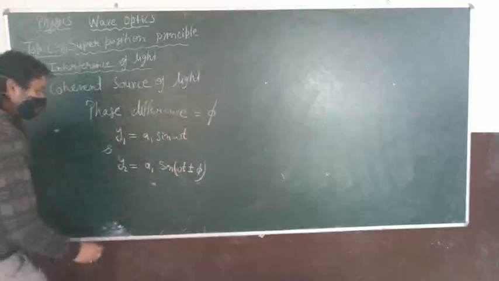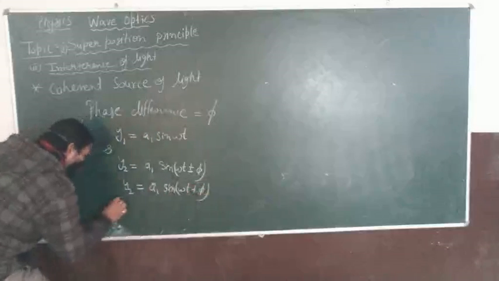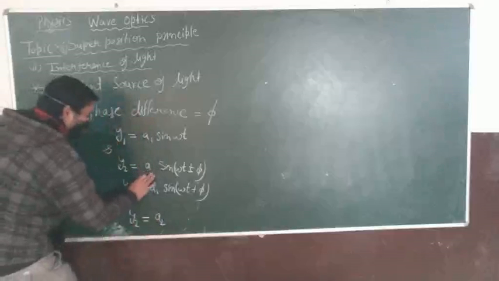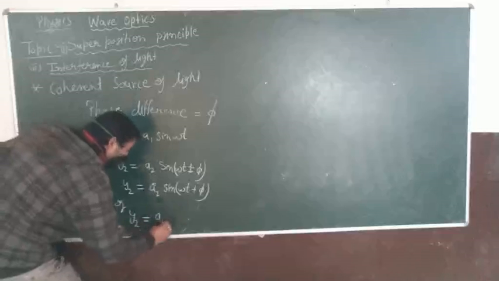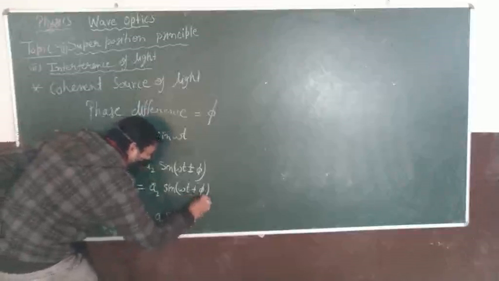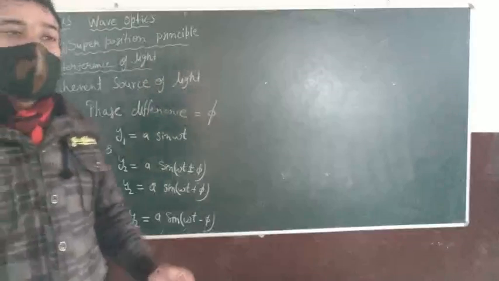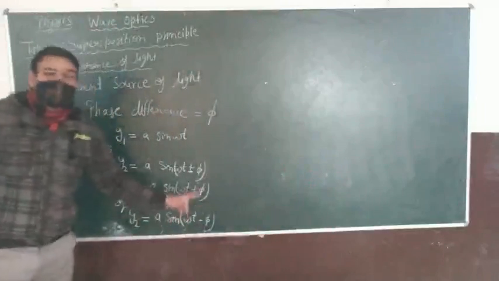The amplitude should be the same. So these are the equations of two monochromatic or coherent sources of light having a constant phase difference between them.